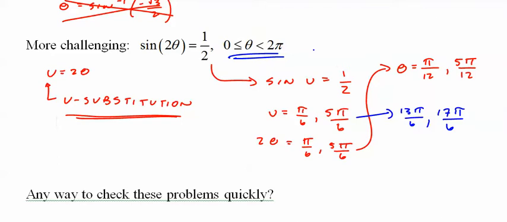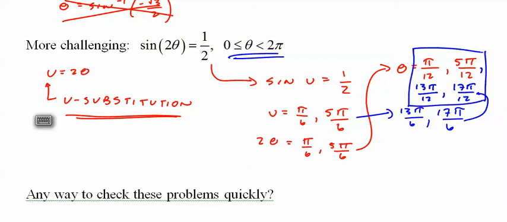So, well, the next step is divided by 2. So these answers would also become 13 pi over 12, 17 pi over 12. And those are our 4 answers. You say, yeah, they're outside the range. No, they're not. 2 pi is 24 pi over 12. They're in the range.